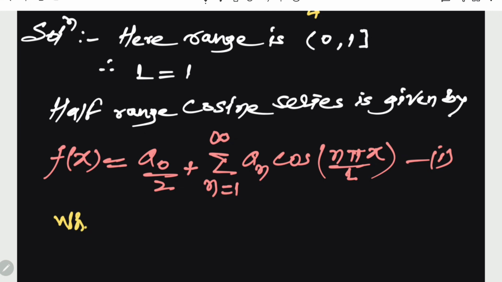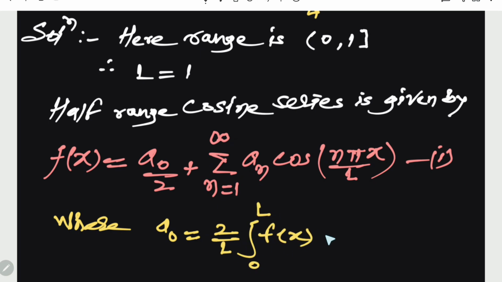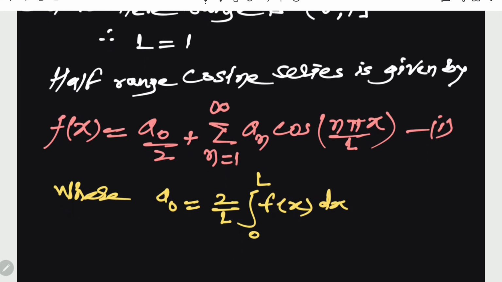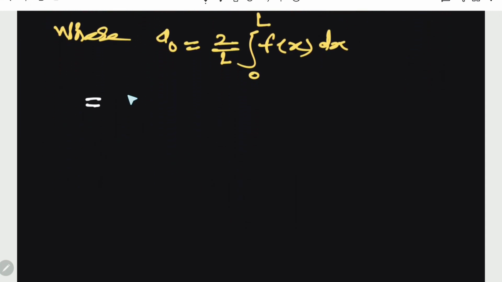a0 is given by the formula 2 by L integration from 0 to L of f of x with respect to x. Substituting the value, we get 2 by L, which is 1, integration from 0 to 1 of f of x dx.